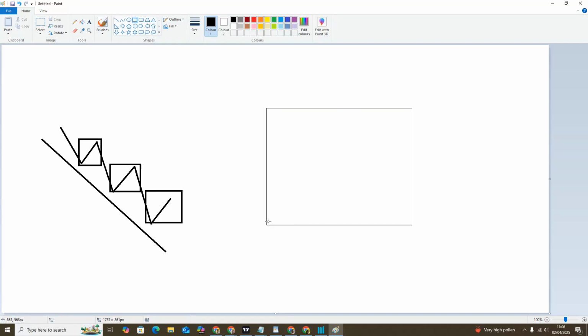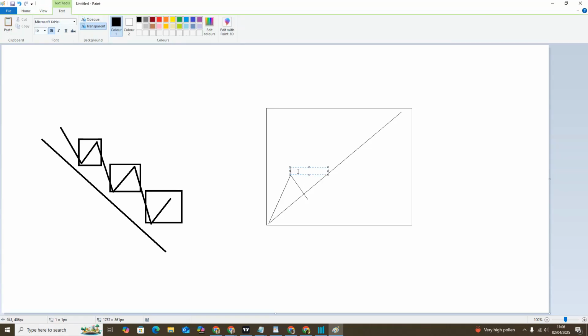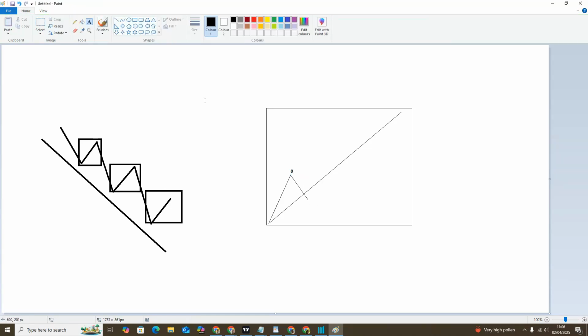So this is the pullback we now have in the downtrend. Let's assume this pullback is this pullback here. So what you're looking for is this first pullback, a lower high, and it could be a higher high. If it's a higher high, you just label it 1. Okay, but let's use the same scenario, 0.